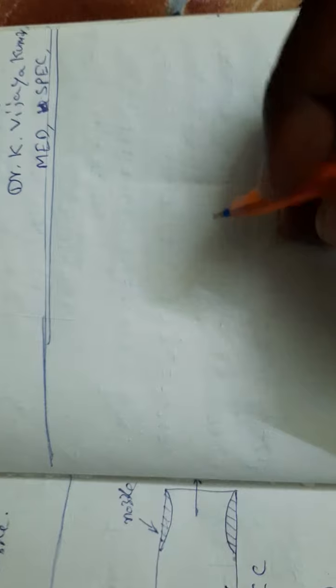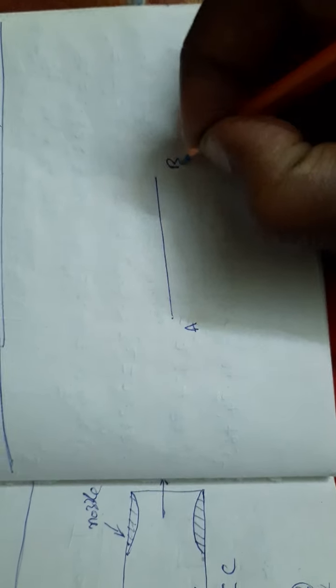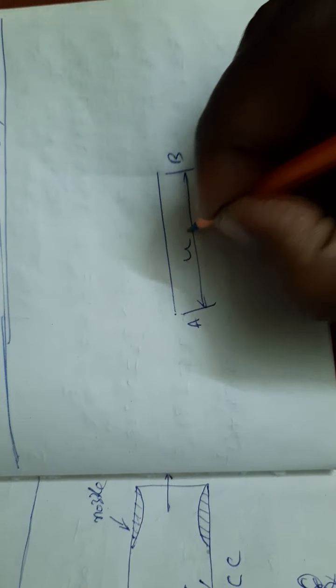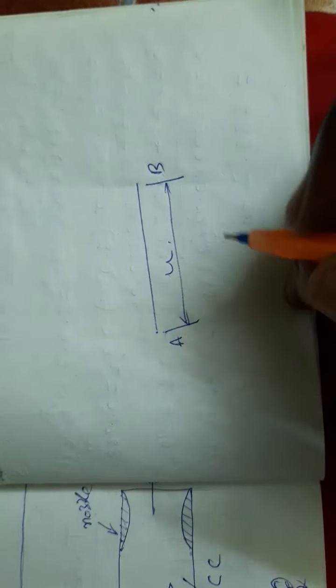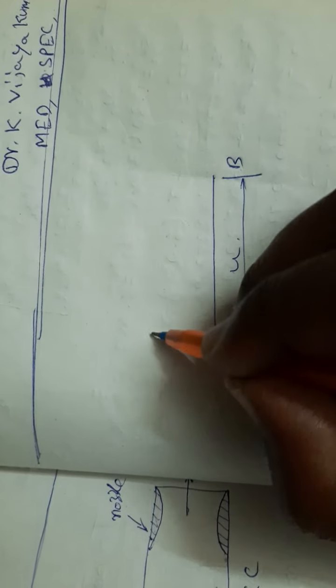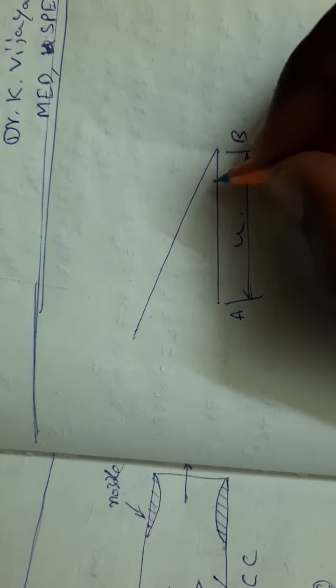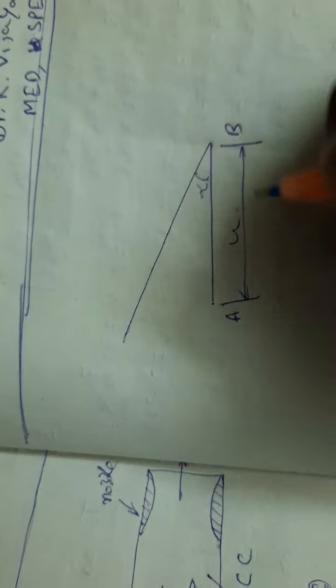Now let us draw the combined velocity triangle for moving blades of the reaction turbine. First of all, here also we have to draw the horizontal line equal to AB, that is the blade velocity. Now at B, draw a line BC at an angle alpha with AB.